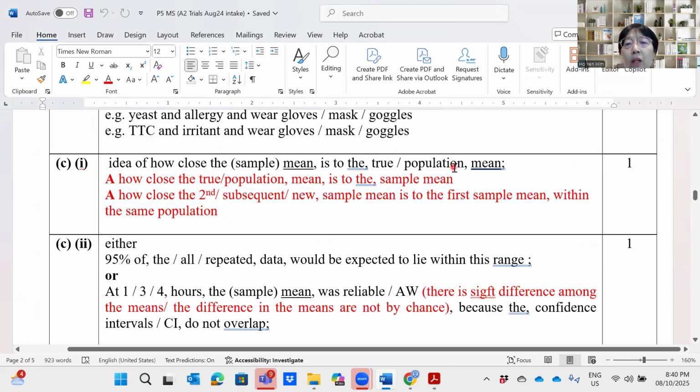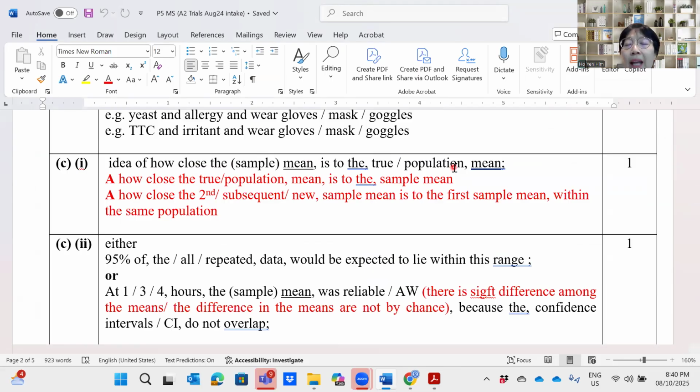That means your mean value is a population mean, and there is a 95% chance, if you obtain your data from the same population, that... So this is a population, right? You already obtained the population mean from here. There's a mean value for this one.